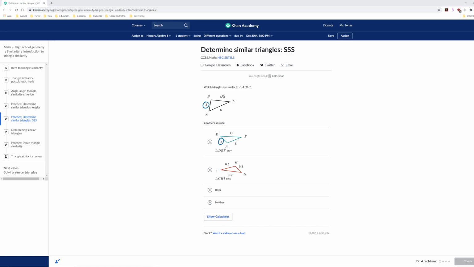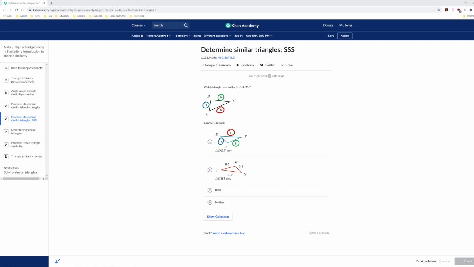Similarly, 5 is the middle side, it's between 3 and 6, so 8 is between 5 and 11. And then the largest side, of course, is 6. And I'm going to compare that with the largest side in the answer, which is 11. So, color-coded, those are the corresponding sides.